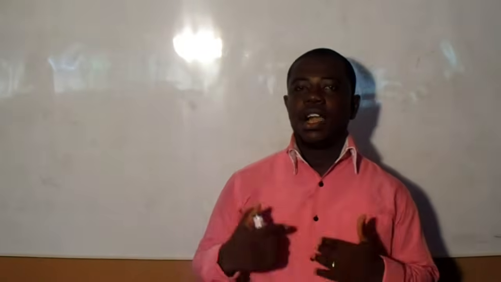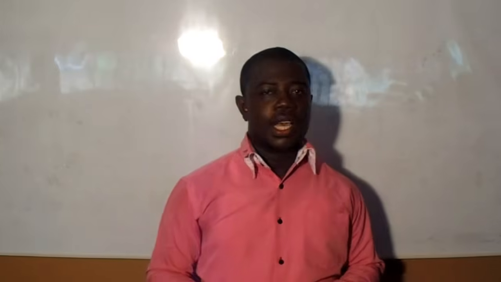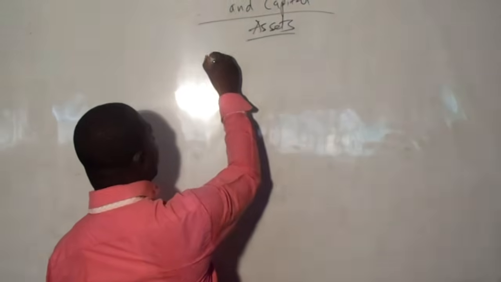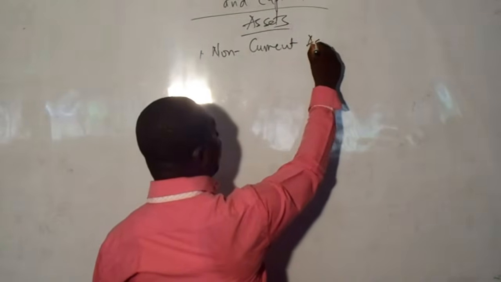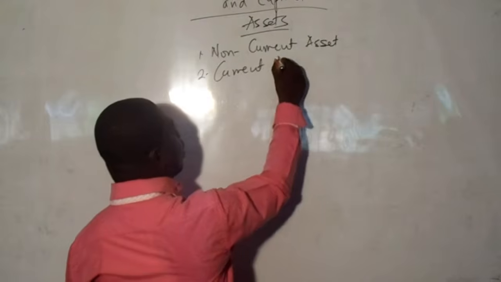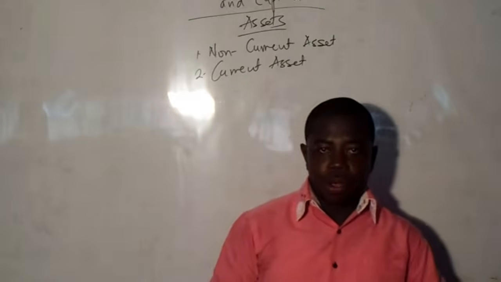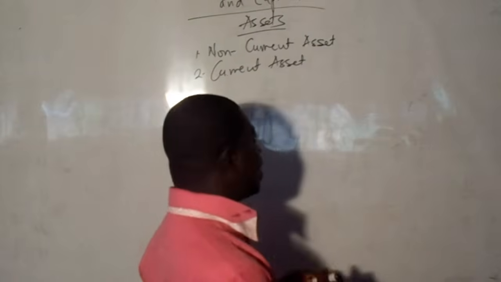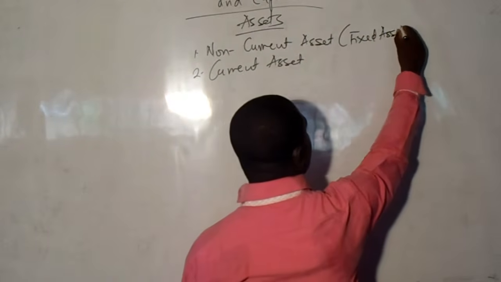That is an asset. Alright, so we have basically two broad classes of assets: the non-current assets, and then the current assets. These are the two types of assets that we know basically. The non-current asset is what was previously called fixed assets.